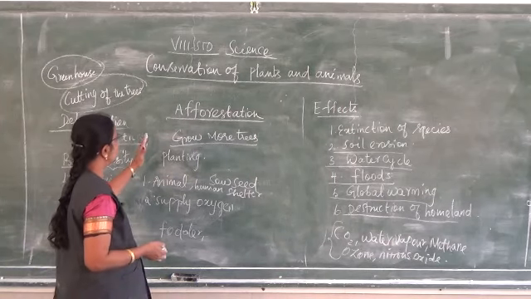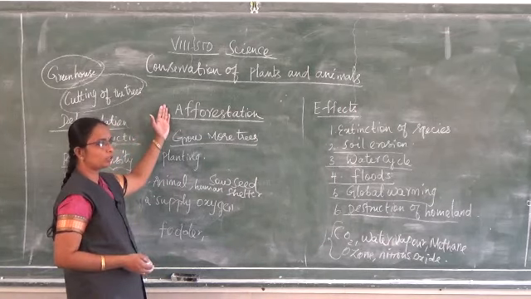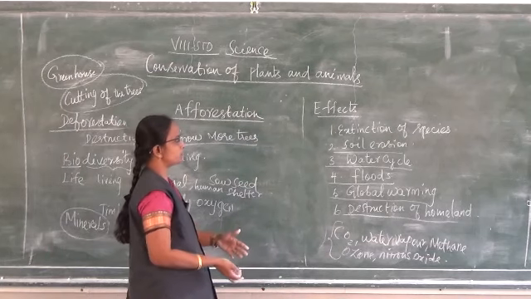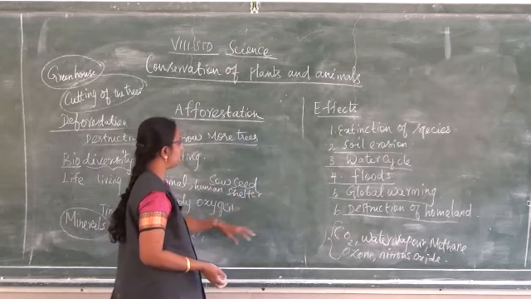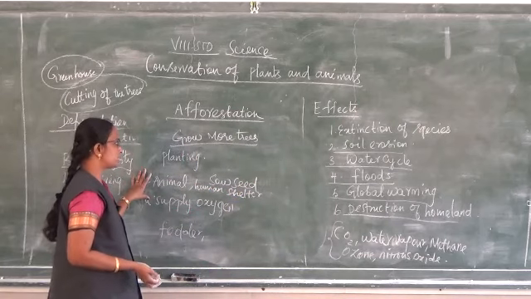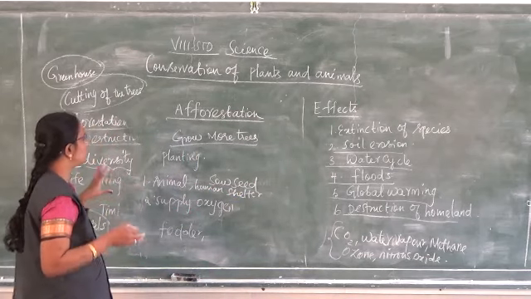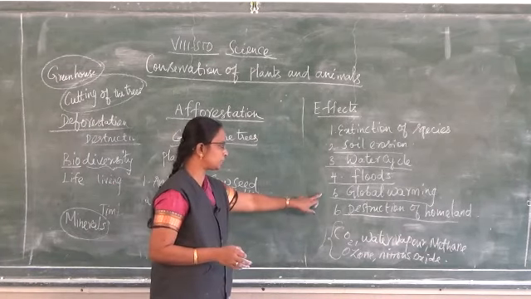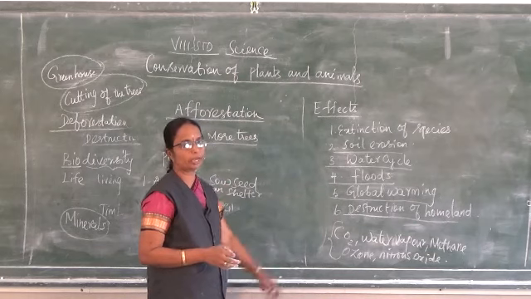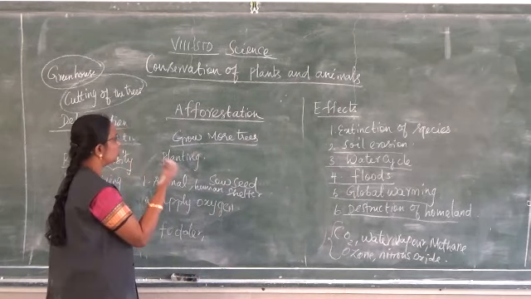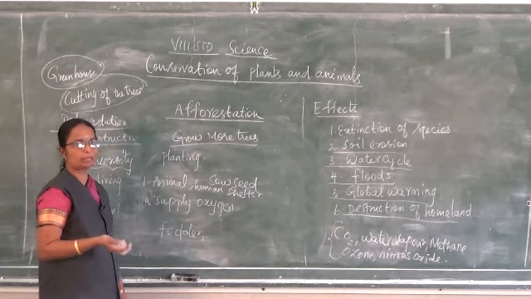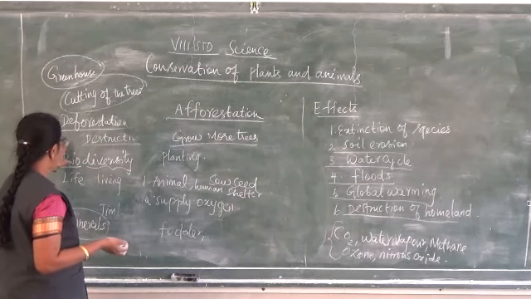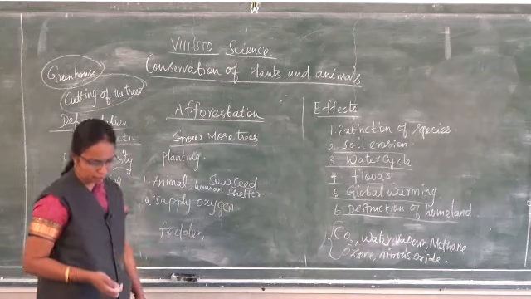Under this, we have seen deforestation, why we are deforesting, and its causes and effects. Then about afforestation, we have to grow more trees, especially for global warming and for the supply of oxygen. So these are about the afforestation program.